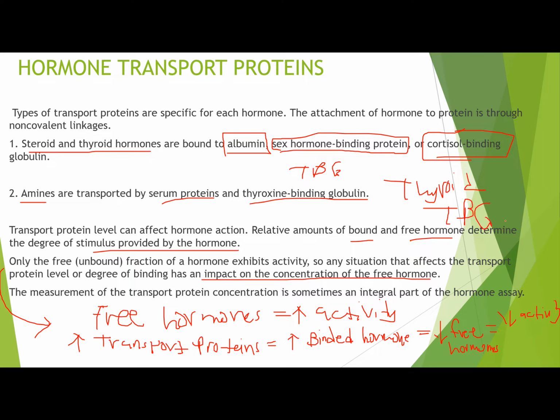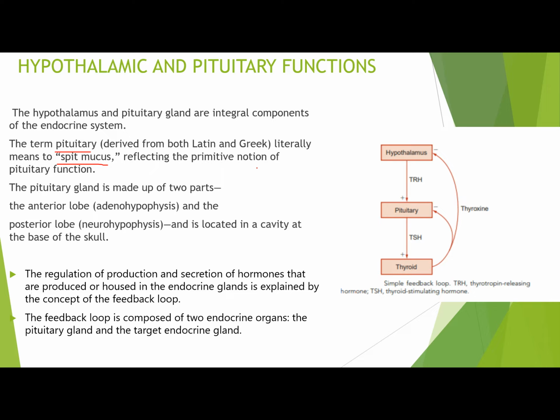Now let's go to the two organs that are important, class, the hypothalamus and your pituitary. They are very integral, and the term pituitary is derived from the Latin and Greek word meaning to spit mucus, reflecting the primitive notion of the pituitary.